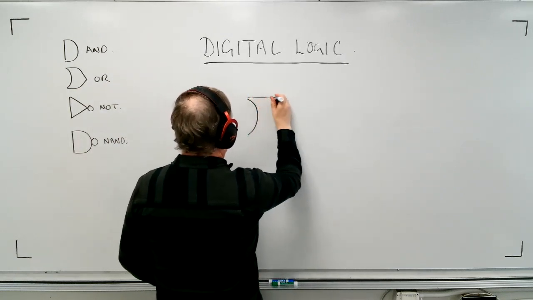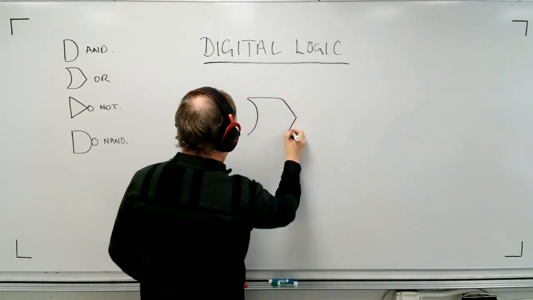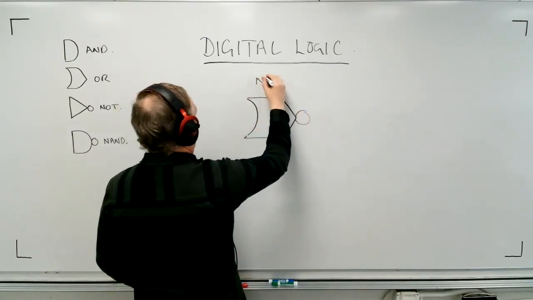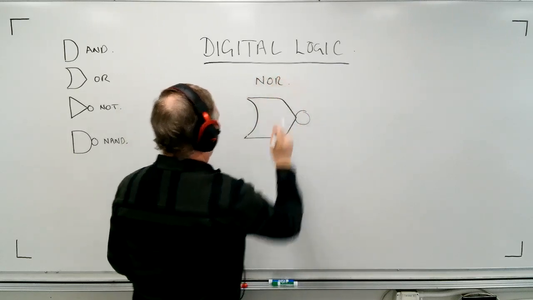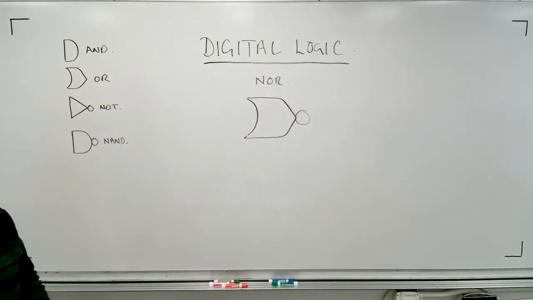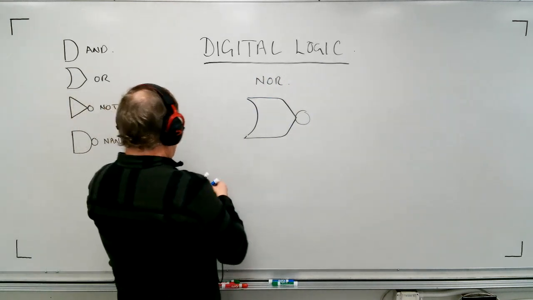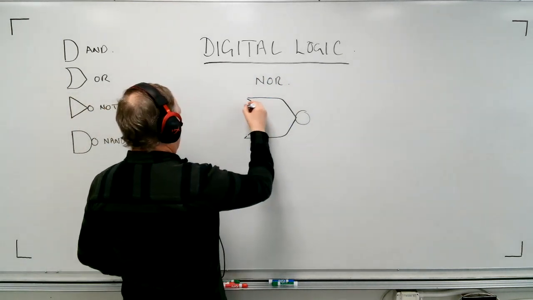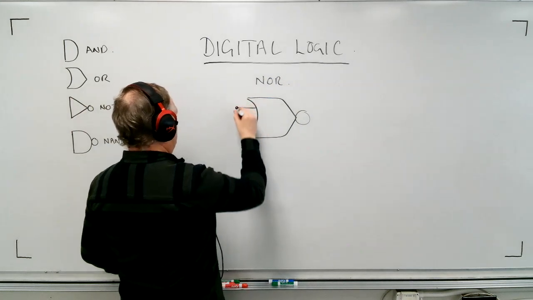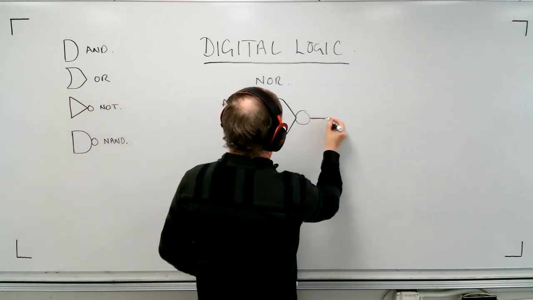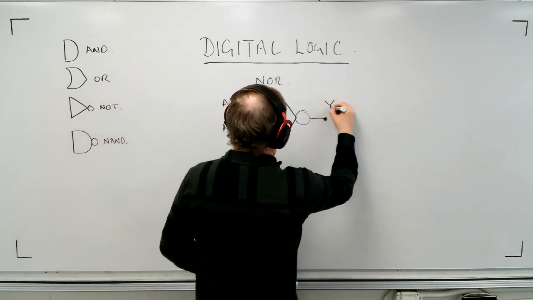This is going to be a NOR. Okay, essentially a not or. So it's the opposite of an or. So what we have to do then is we need to put some leads on here. This is going to be input A and input B, and this is going to be my output Y.